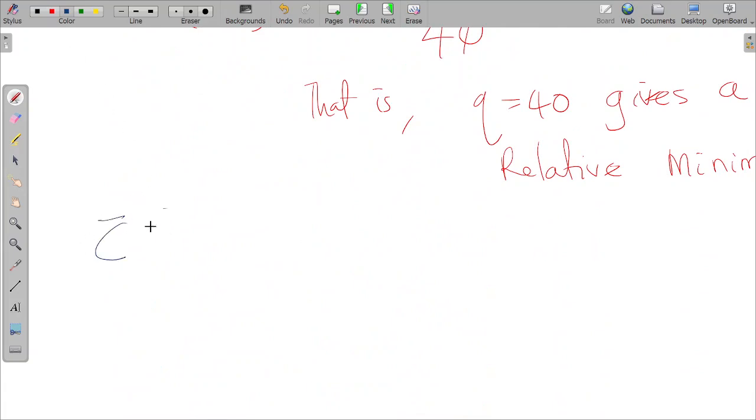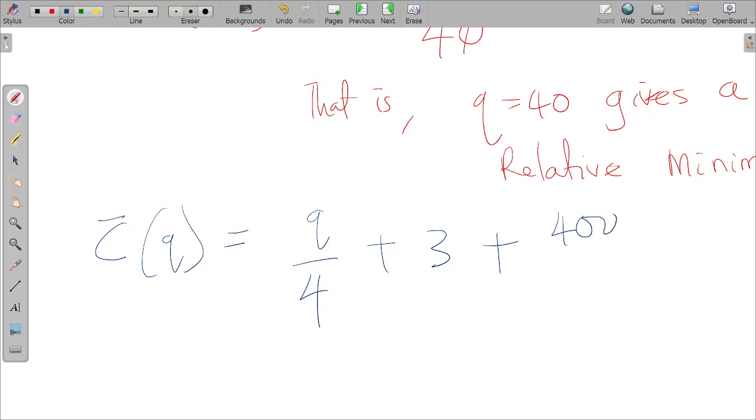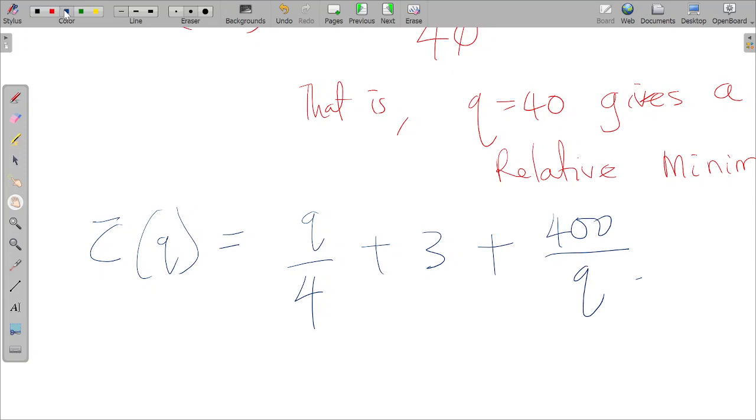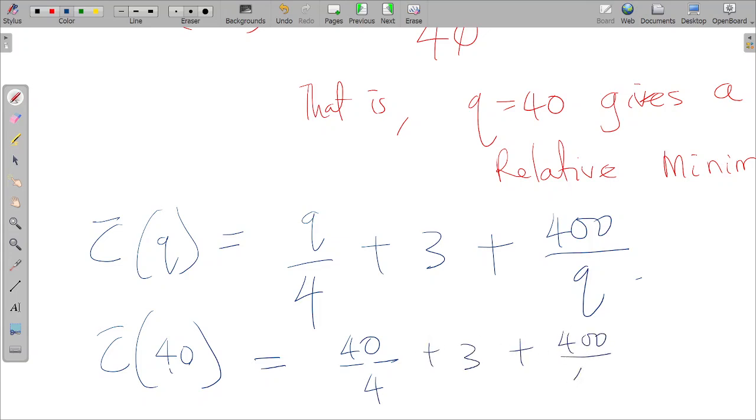So it becomes 40 over 4 plus 3 plus 400 over 40.